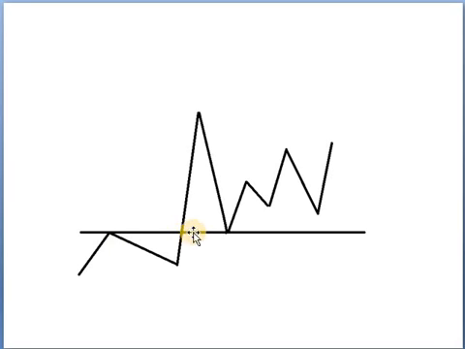When we have an invalid break, and this arm is too large compared to this arm, then price starts being in range, goes up, comes down, goes up, comes down, and most probably it's going to hit your stop loss. You are just going to take some loss instead of making profit. So there is no point in taking entries on this kind of invalid break, and we know the difference between a valid break and an invalid break.